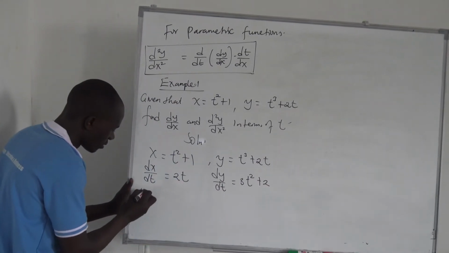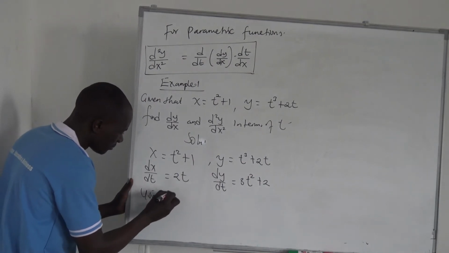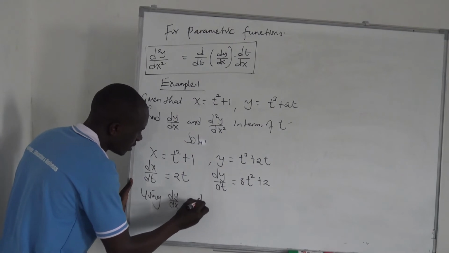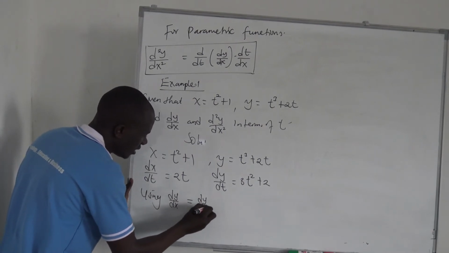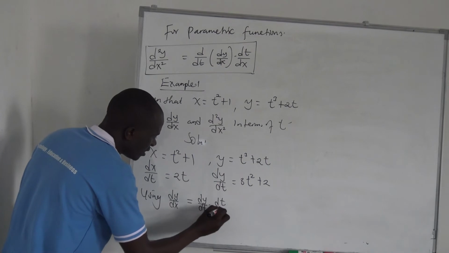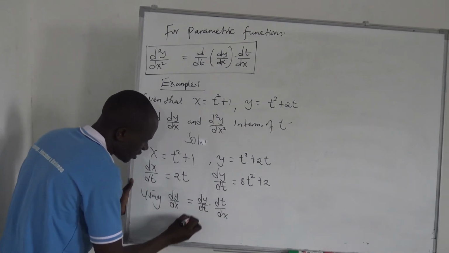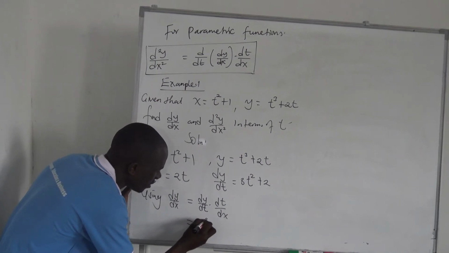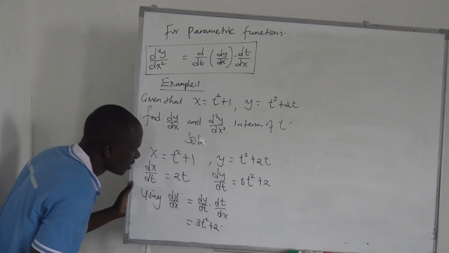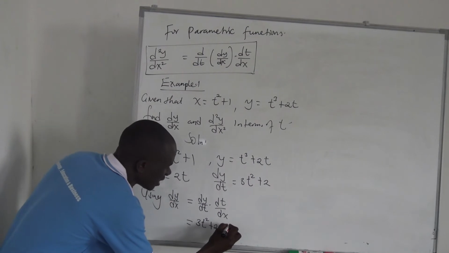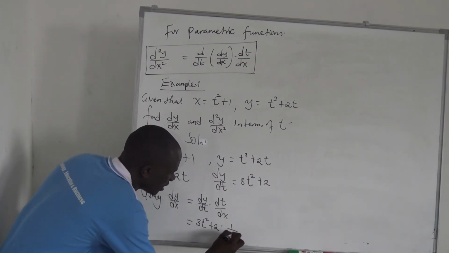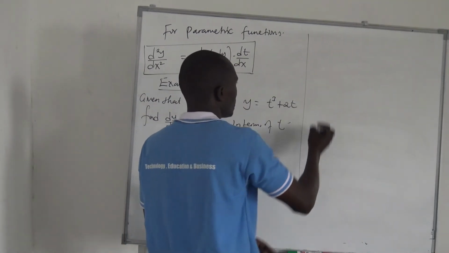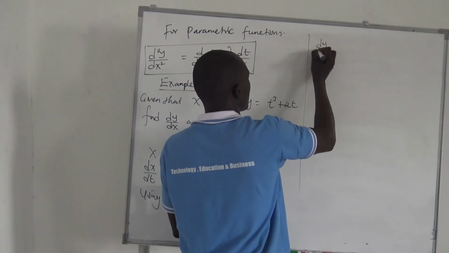Then we shall say, using dy dx equals dy dt times dt dx. What is dy dt? Our dy dt is 3t squared plus 2 times, what is dt dx? 1 over 2t. So, can we move on? What is dy dx?